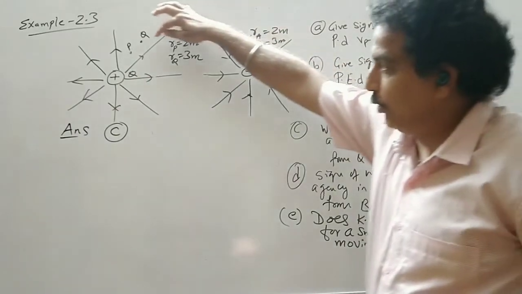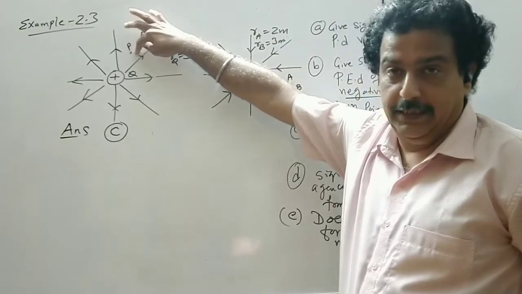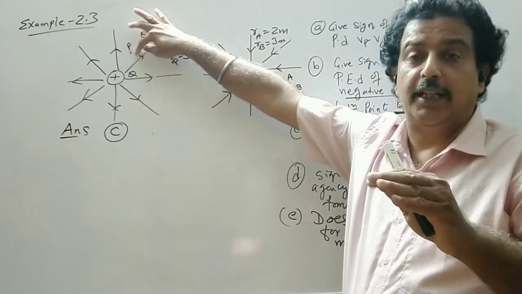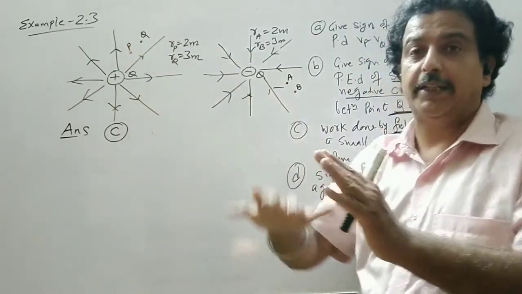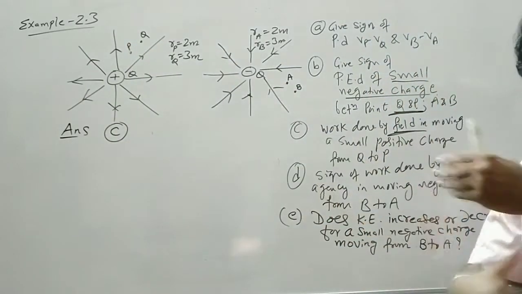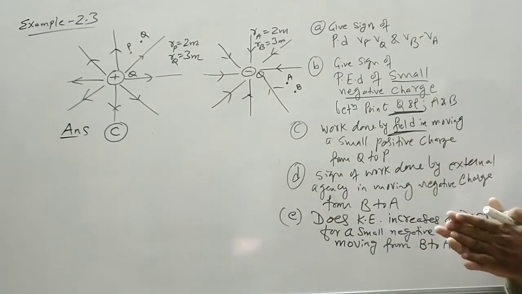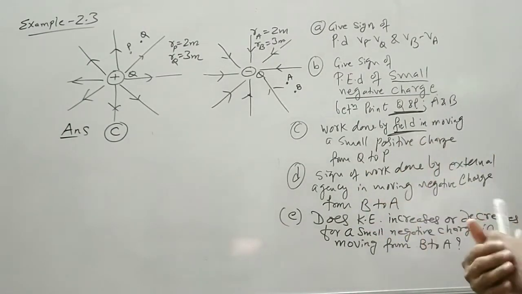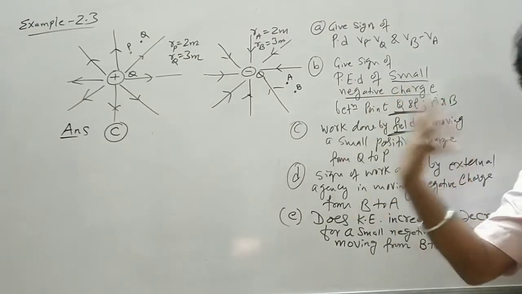So a small positive charge is moved from Q to P. That is work done against the field. It cannot move towards it by itself. So when it is against the field, you have to spend the energy. So that energy is positive, equal to the potential energy difference.